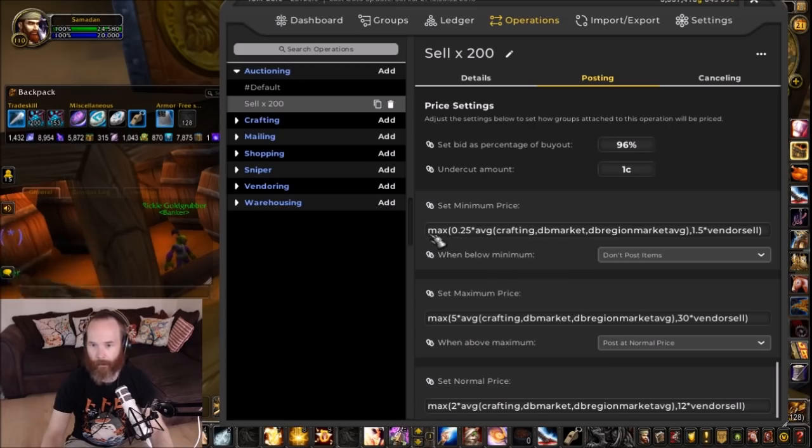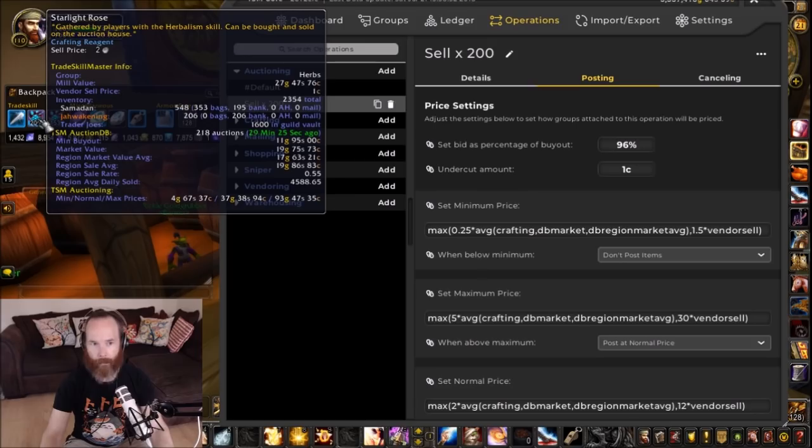So it's looked at this function here. If you ignore this at the beginning and just look at these price sources here, you've got crafting, DB market, DB region market average, and vendor sell. So crafting, obviously you can't make Starlight Rose, that doesn't apply. DB market is this first price here, the market value at 19 gold 75.